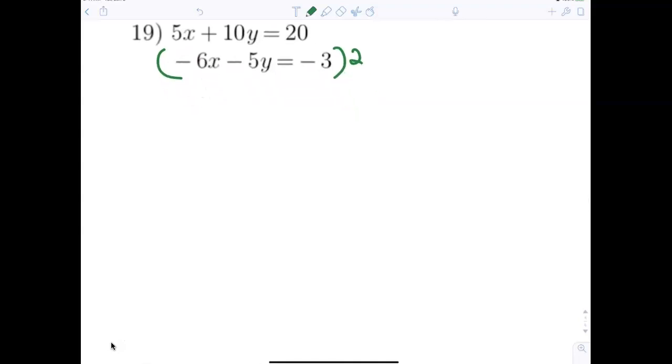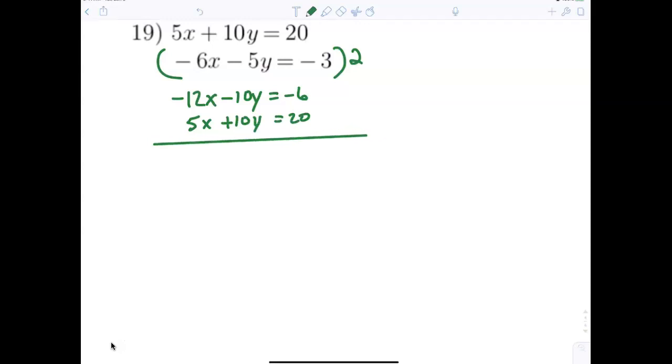All right. So that's negative 12x minus 10y equals negative 6, and 5x plus 10y equals 20. And then negative 7x equals 14. X equals negative 2.